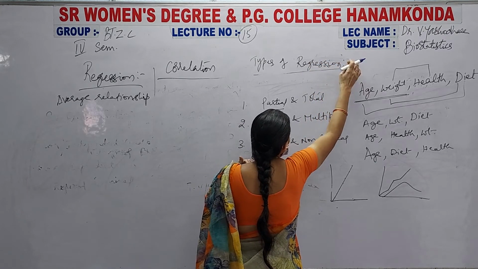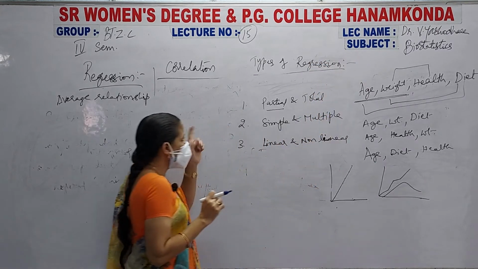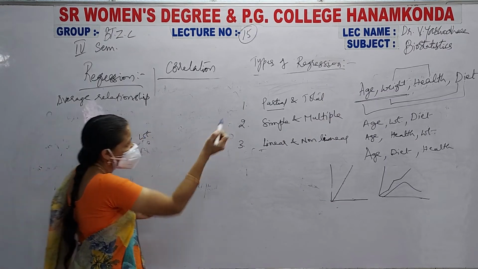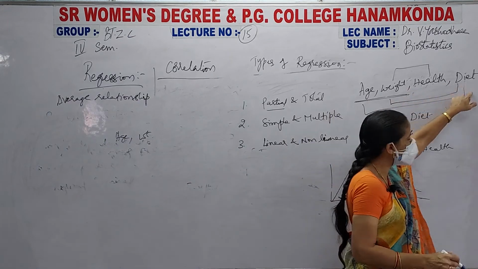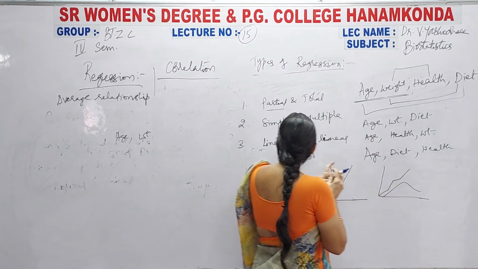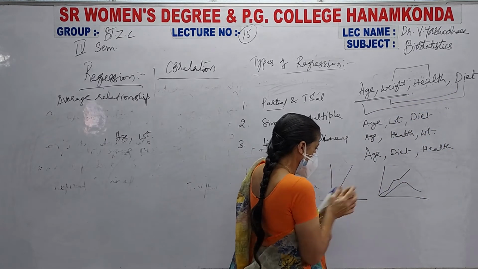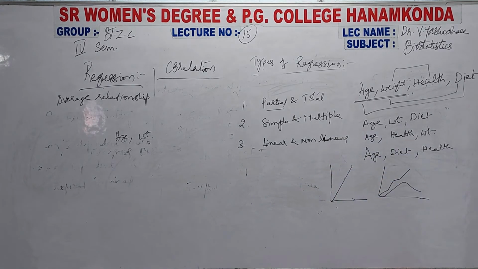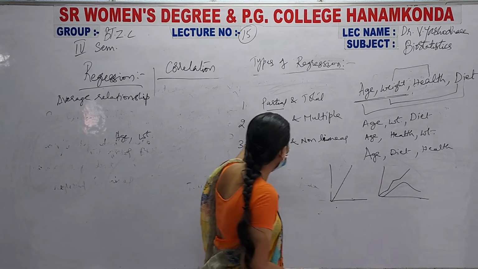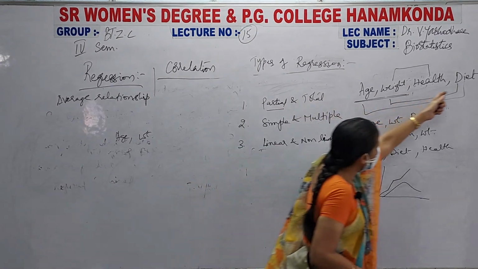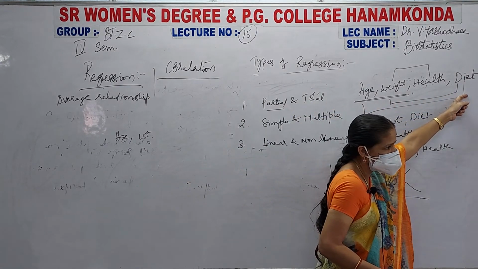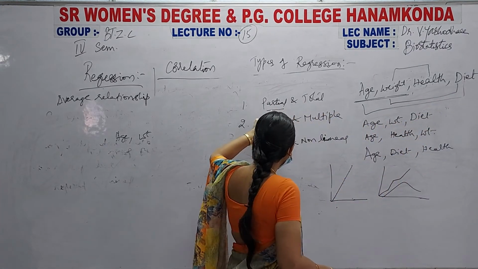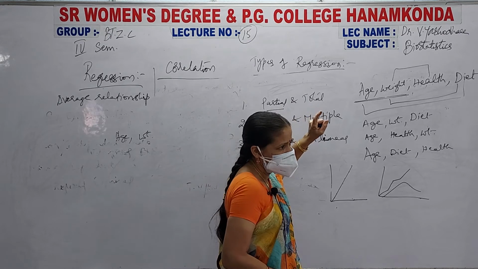All of you know that partial regression means the same as total. ఇక్కడ చూడండి, age, weight, health, diet, these are the 4 things. In that, partial regression means, in total all are taken into consideration for your calculation. Now, partial means you will be taking only 2, not all.